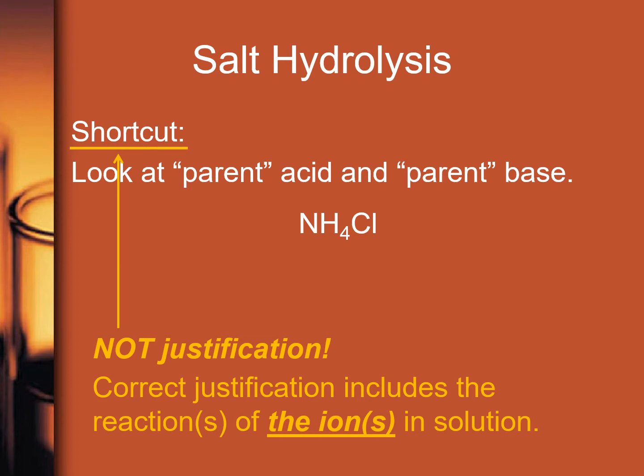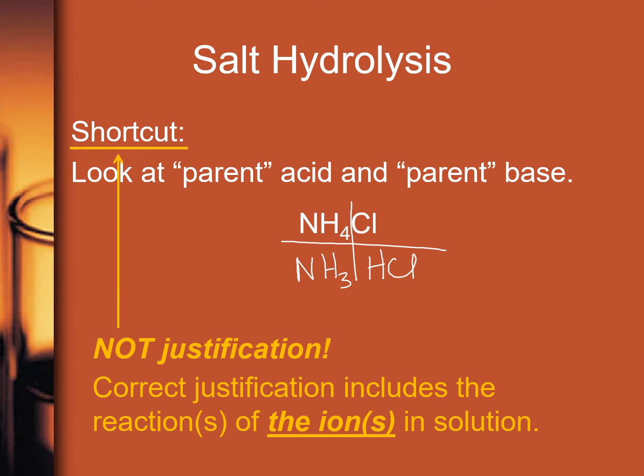The shortcut, how you do it is simply split your compounds. So here we have ammonium chloride. If we split this, we want to look at ammonium pairs up with what base. So ammonium comes from ammonia, NH3. The chloride, what acid does it come from? So chloride comes from hydrochloric acid, the HCl.